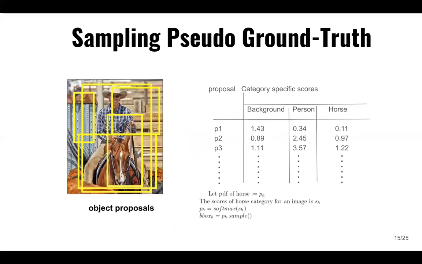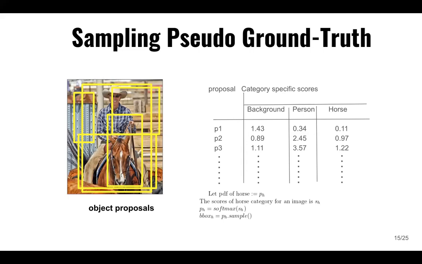Now we see how this is stored in the memory. Suppose these yellow boxes are the proposals, and assuming we are only concerned with these two classes now, person and horse. So in the memory, we have these proposals, and we have the scores updated for each iteration, and there is a score for the background category also.